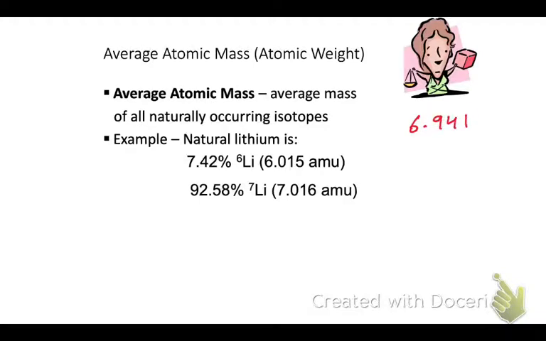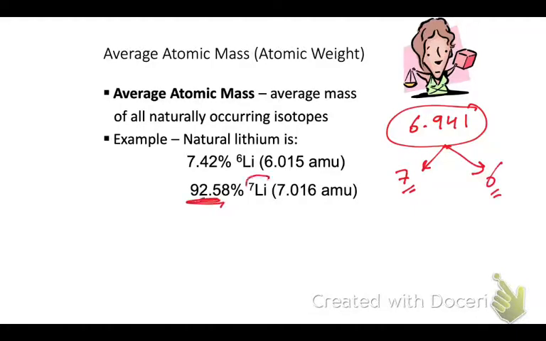So where does this number come from? I mean, think about it. This number is closer to 7 than it is to 6. And it does make sense because most of lithium occurs as lithium-7, not lithium-6.